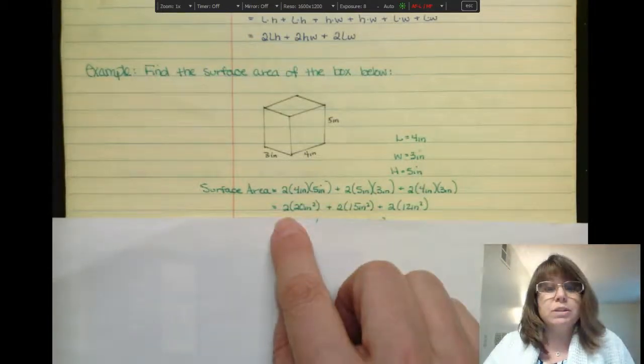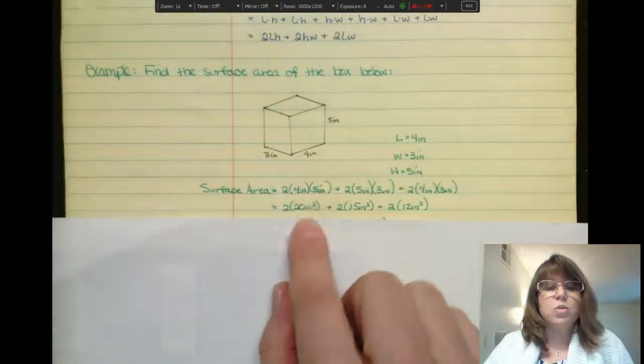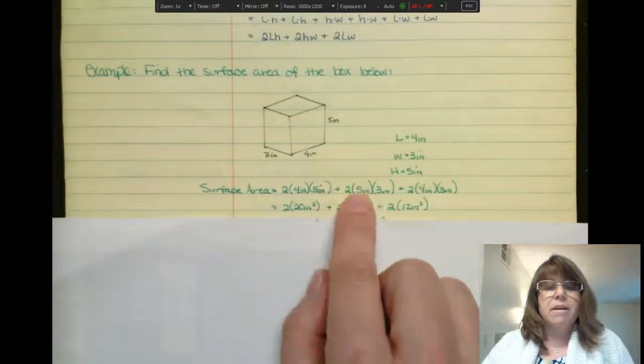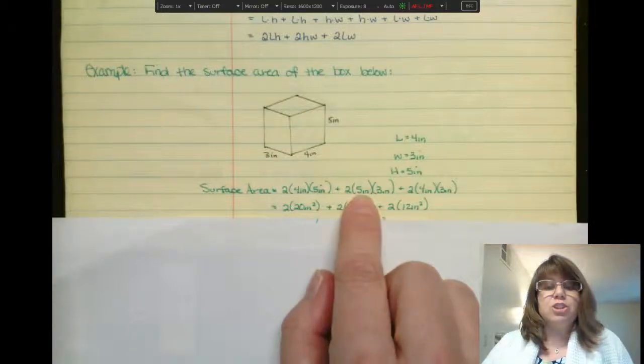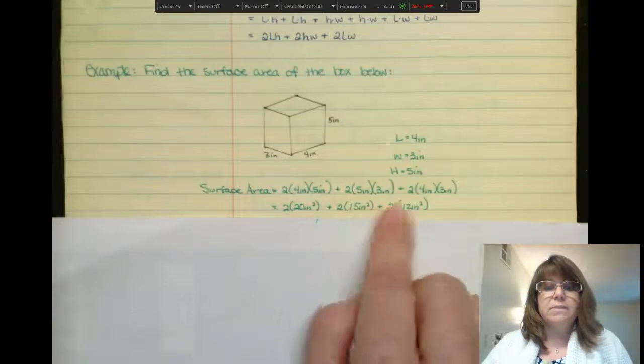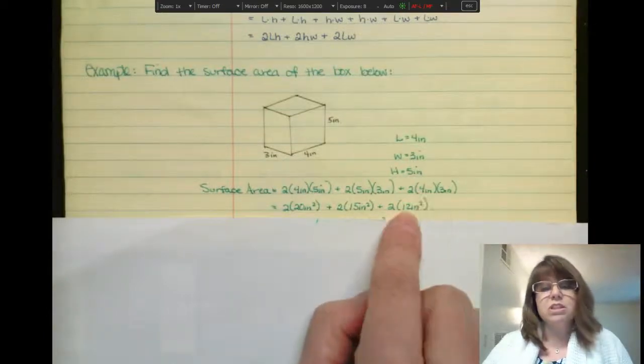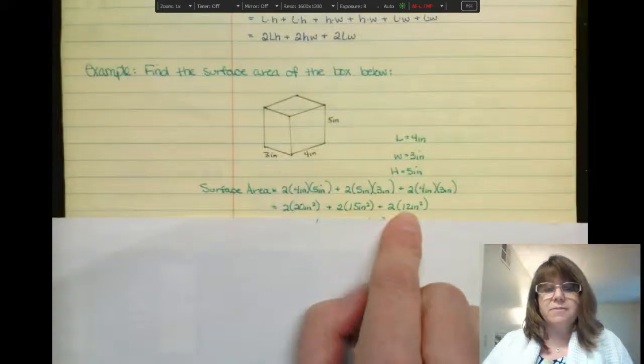2 times 4 times 5 is 20, and inch times inch is inches squared. 2 times 5 inches times 3 inches is 15 inches squared. 4 inches times 3 inches is 12 inches squared.